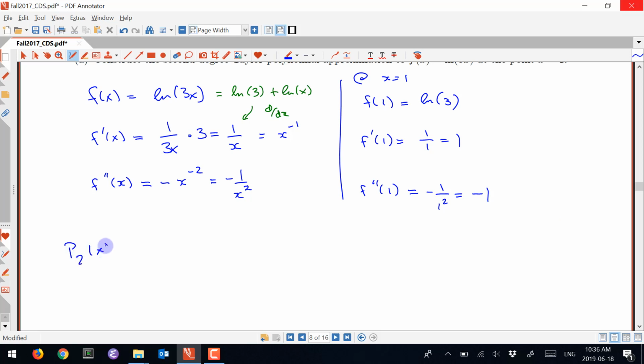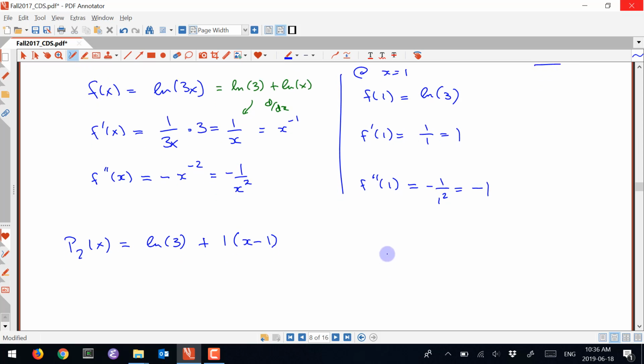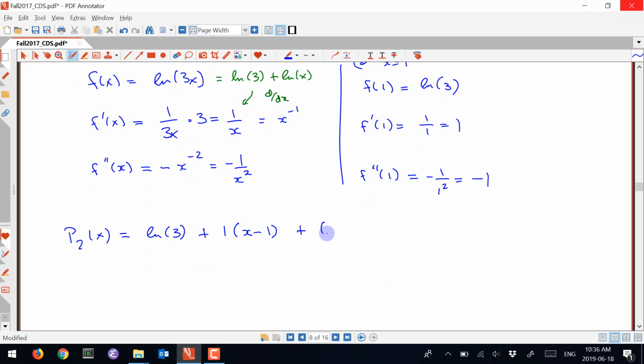And then we simply remember our formula for the Taylor polynomial of degree 2. It's the extension of our linearization. We have the value, ln of 3, plus the slope, which is 1, times the x value with the shift from x equals 1, and then we have the second derivative over 2 times the quadratic term.